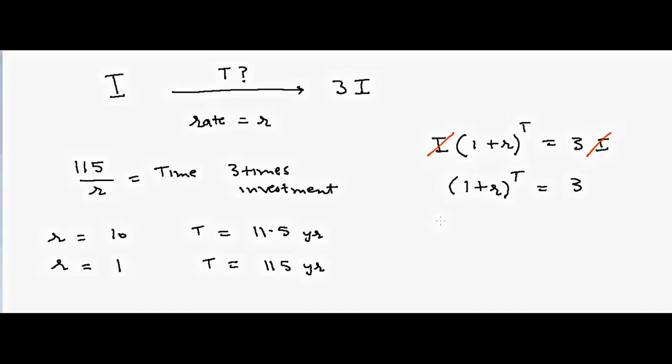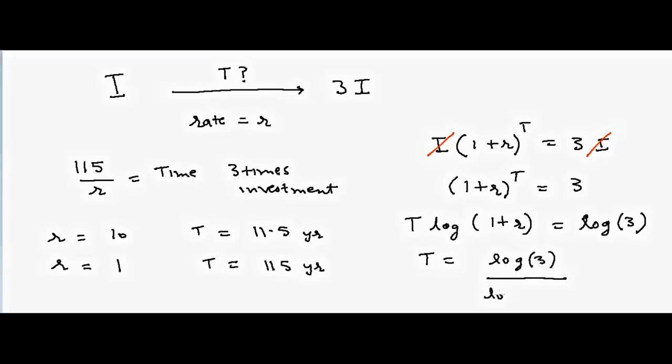If we solve this equation, we can take log on both sides. So t log of 1 plus r is equal to log of 3. So t is equal to log of 3 divided by log of 1 plus r.